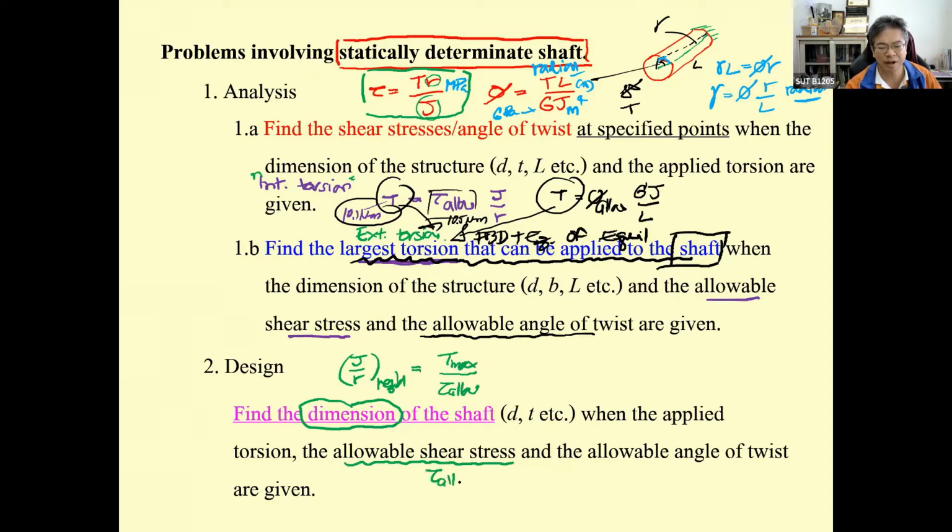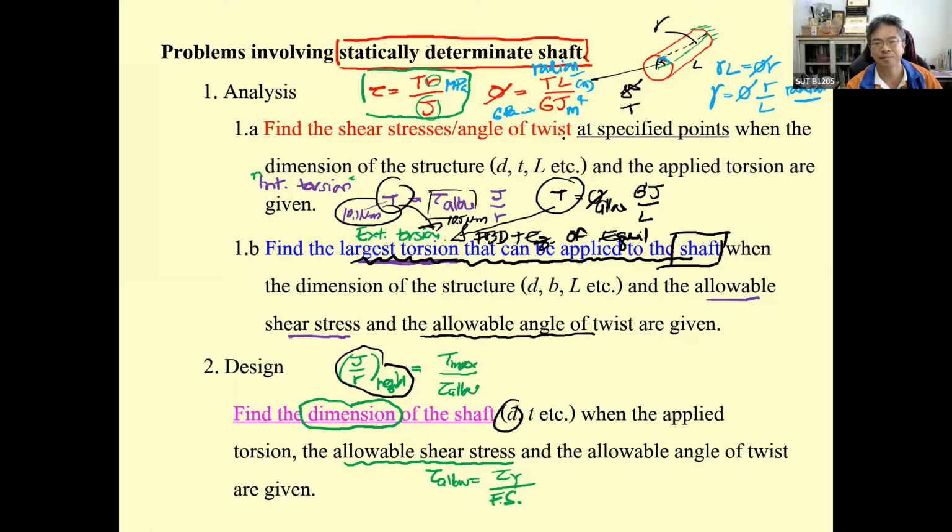If they don't give you the tau allowable, it's going to be tau sub y, the yielding shear stress, divided by the factor of safety. Then you may use this one to determine the diameter of the shaft. Anyway, you have this one also.